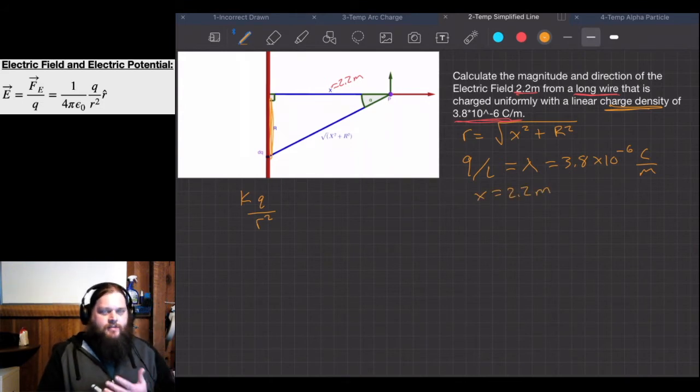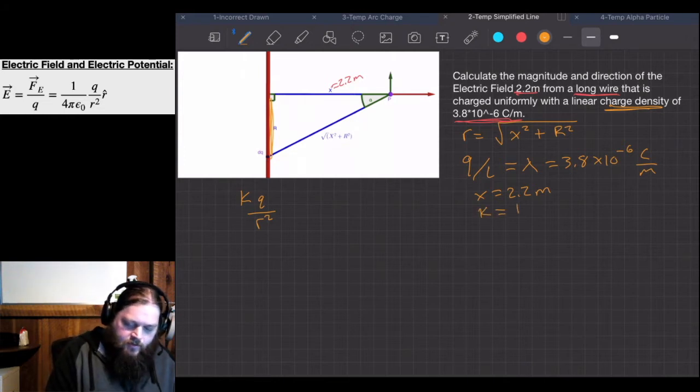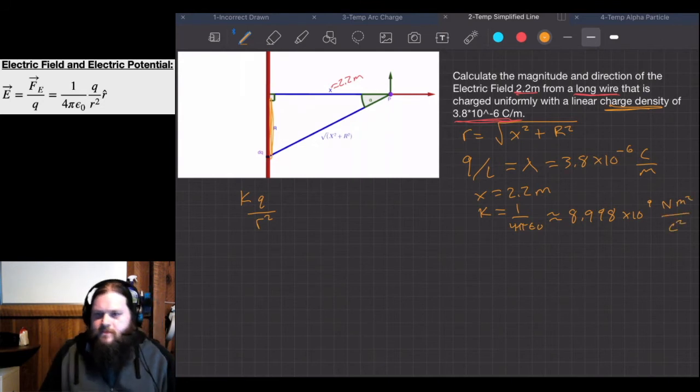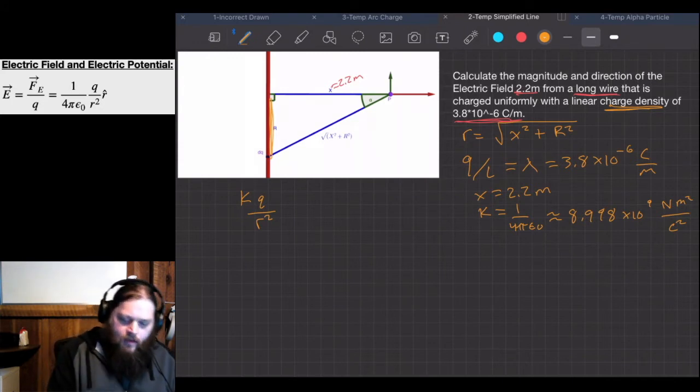So now we can start to formulate this idea, and I can leave in k is equal to 1 over 4 pi epsilon naught, which is approximately 8.998 times 10 to the 9th, and its units are newton meters squared over coulomb squared. So when we derive this into our formula now, one thing I'm missing is R up there.